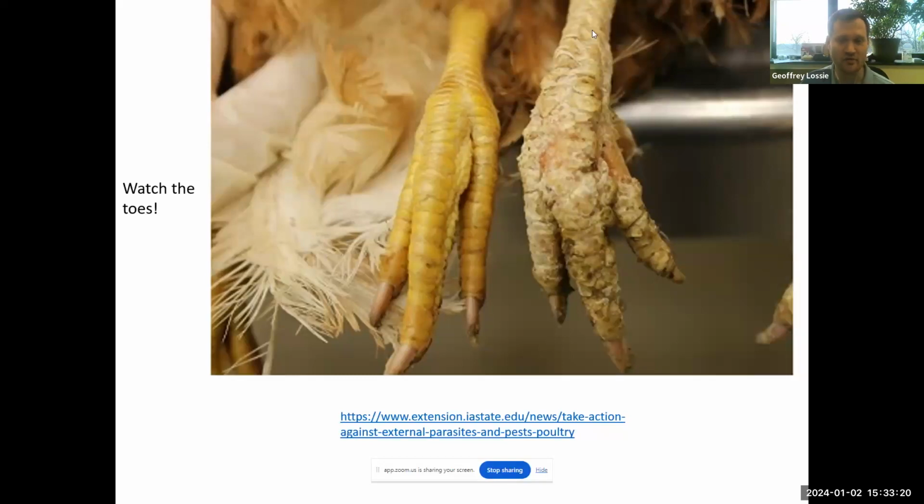As the name implies, it causes unsightly scales on the legs. It is a mite that burrows underneath those scutes, the scales on the feet, and due to its feeding activity causes this marked inflammation and hyperkeratosis that ends up appearing as scaly leg mite.